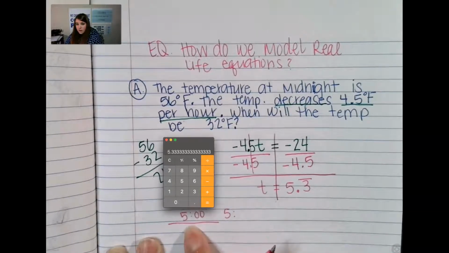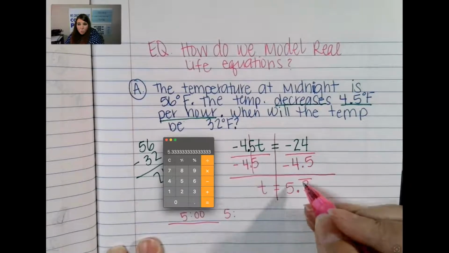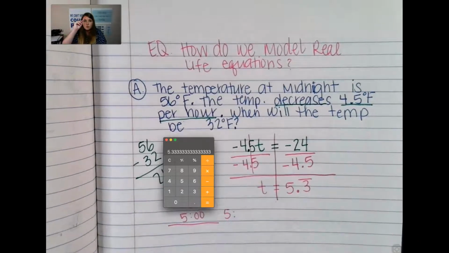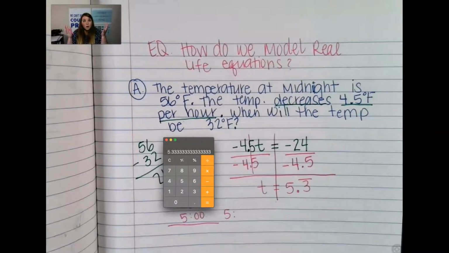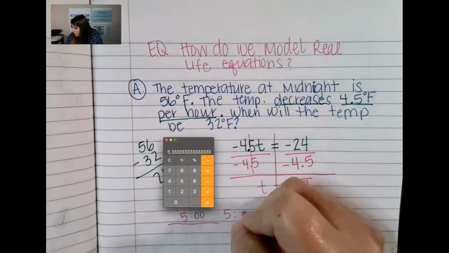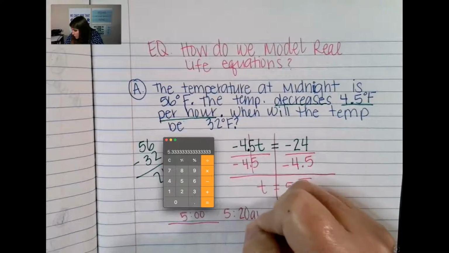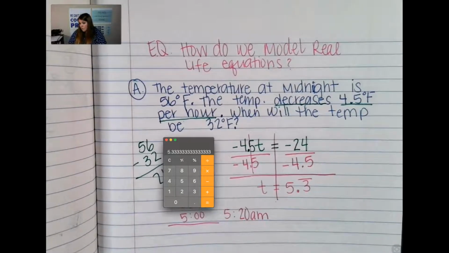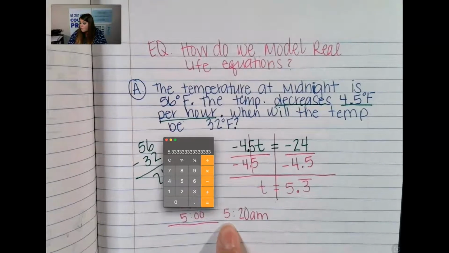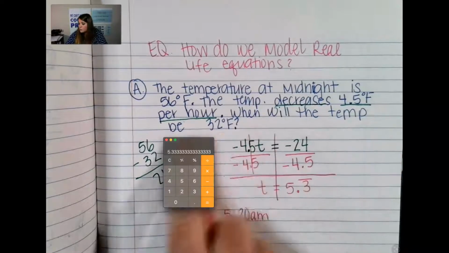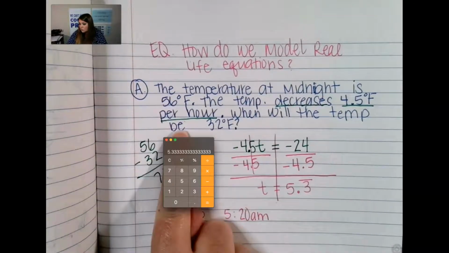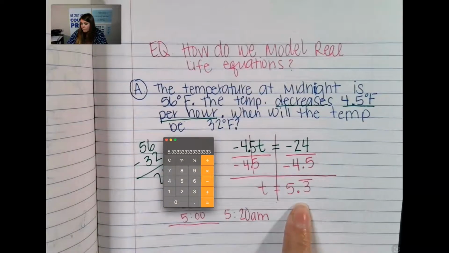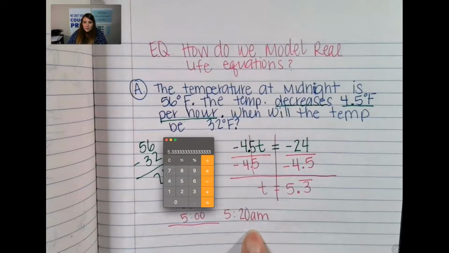And 1/3 of your clock, you've got 60 minutes, right? 60 divided by 3 is 20 minutes. So 5:20 a.m. So our solution is, oh my gosh, this was a hard problem. This was challenging, right? So 5:20 a.m. When will the temperature be 32 degrees? If it keeps decreasing by 4.5, it will be at 5:20 a.m.